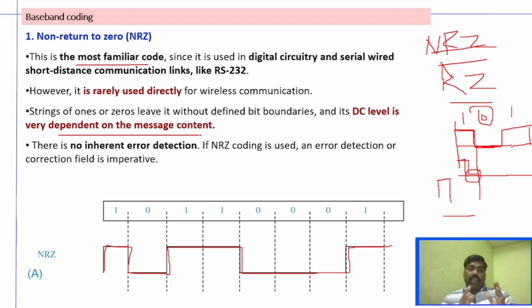You can see there is no transition here. You have only one condition: for one you have a voltage level and for zero you don't. And there is no error detection capability here. That is one drawback. You don't have error detection capability in NRZ.